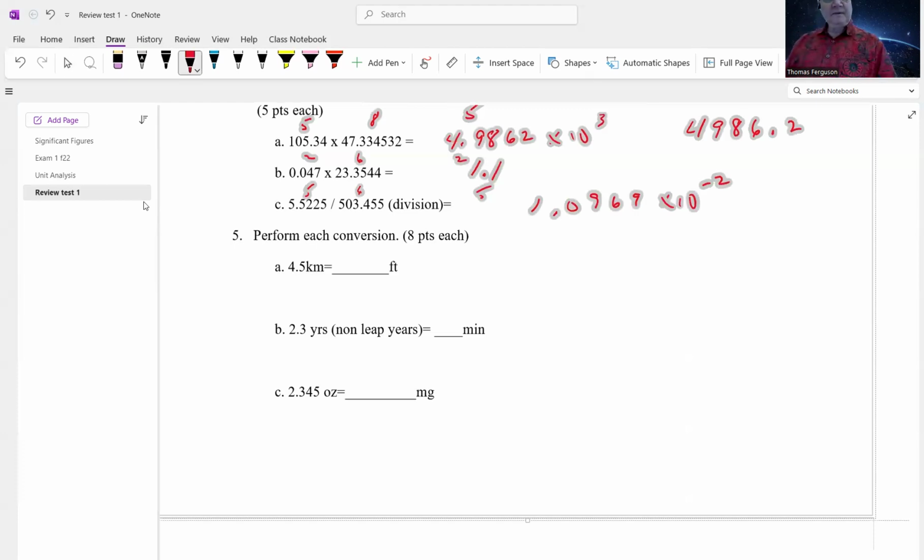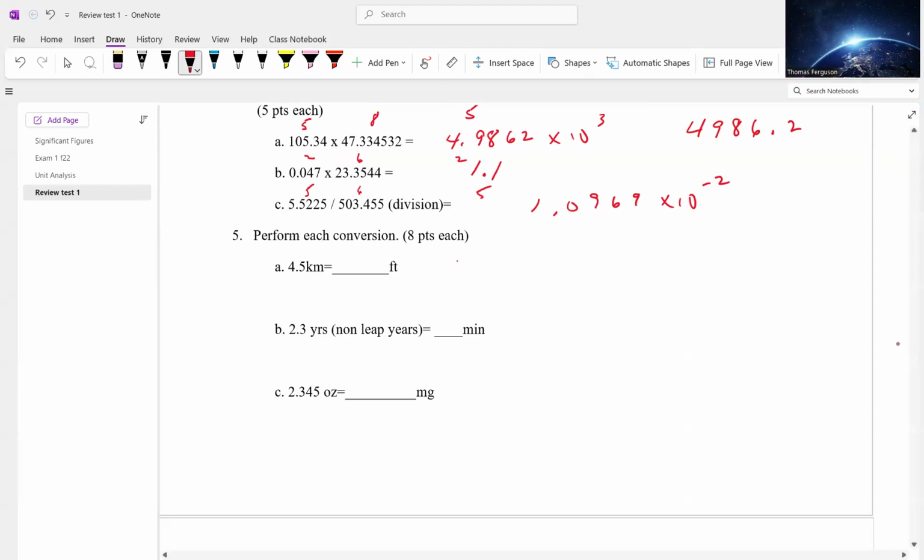So we're going from kilometers to feet. We have meters to feet, so if we go from kilometers to meters, then we can go to feet. So it's a two-step process.